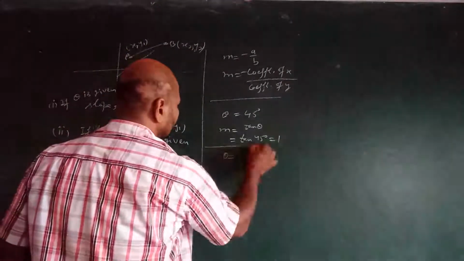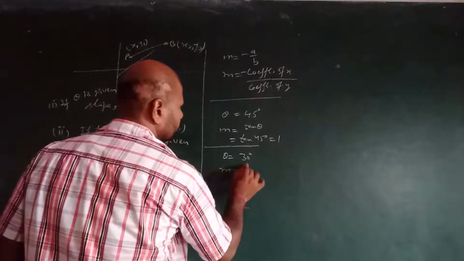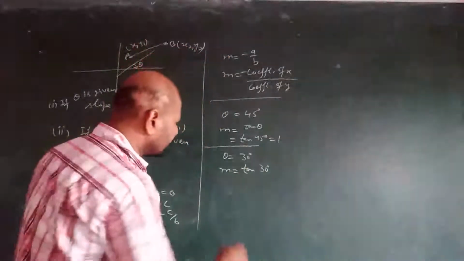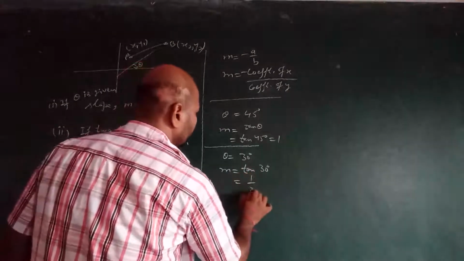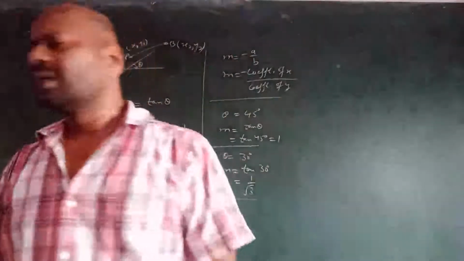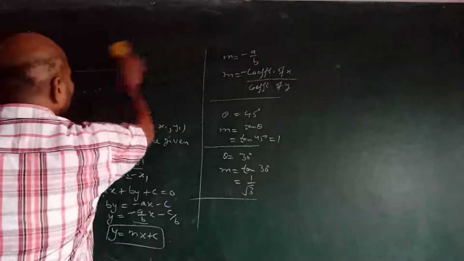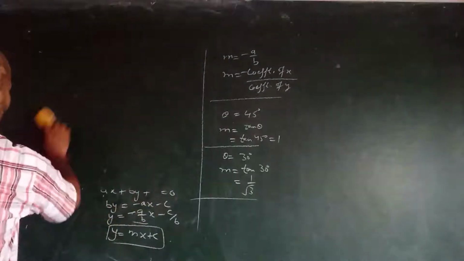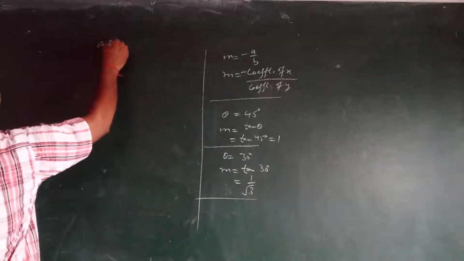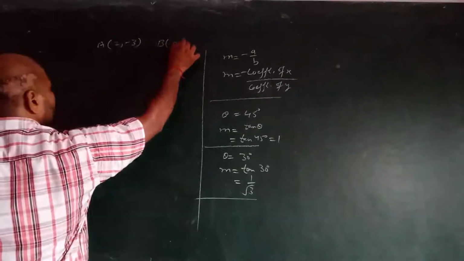If theta equals 30 degrees, then m equals tan 30 degrees, and tan 30 equals 1 upon root 3. This is how we can find the slope from theta. Now consider we have 2 points, a as 2, minus 3 and b as 0, 5.